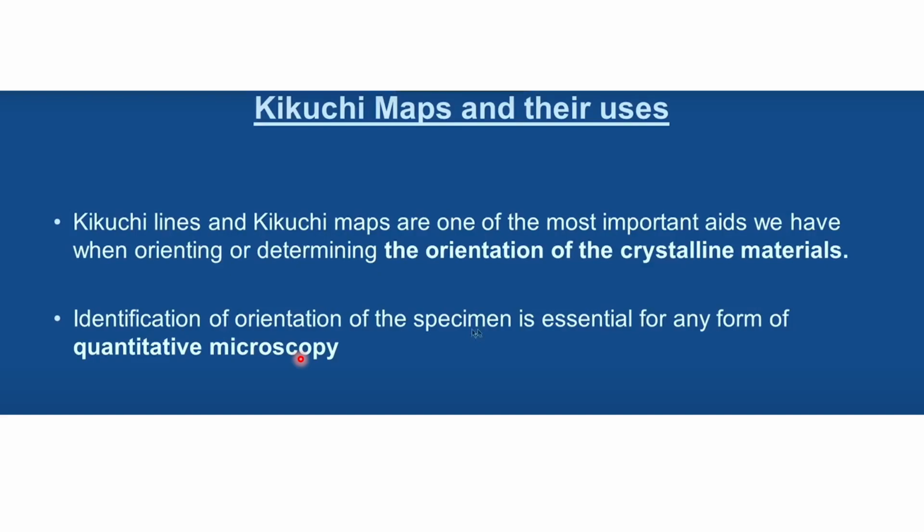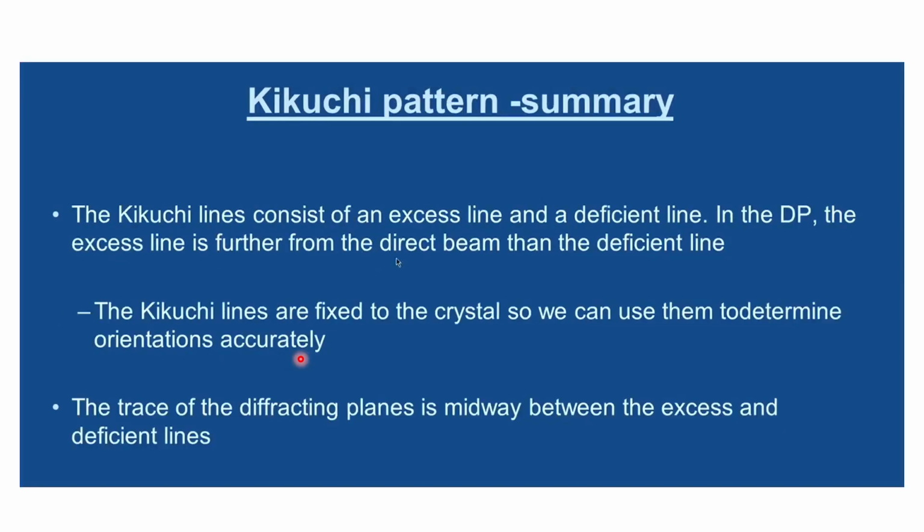When you have defects in your sample, or ordering, or when you want to see grain boundaries or anything you have incorporated in your specimen, you need a certain zone axis to look from, and for that zone axis you require these Kikuchi bands.